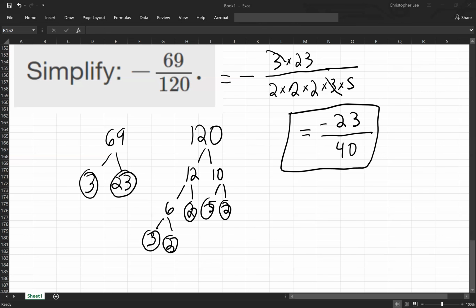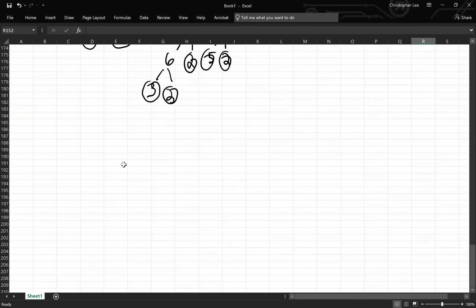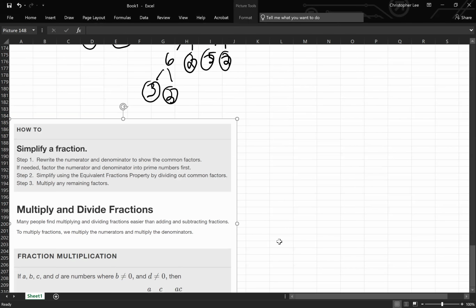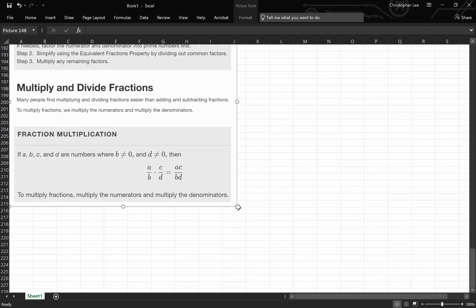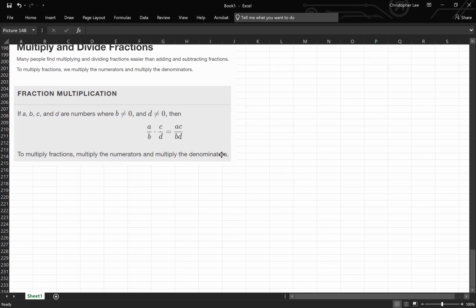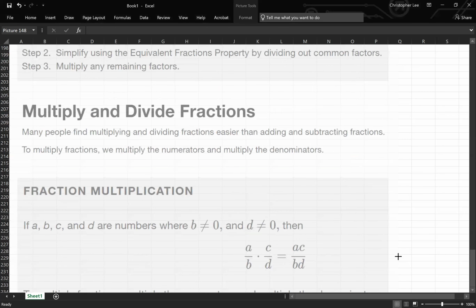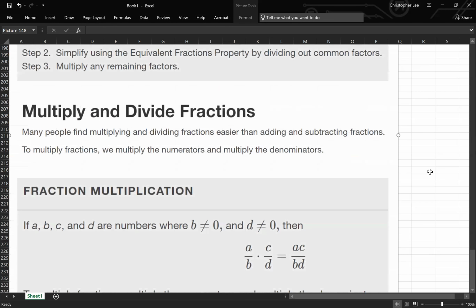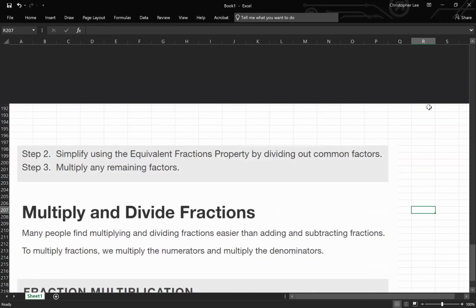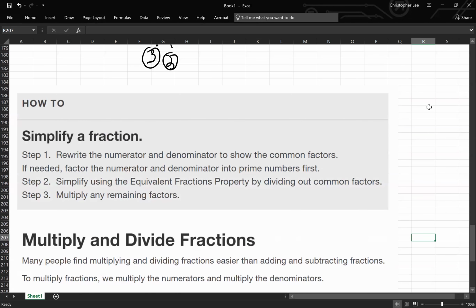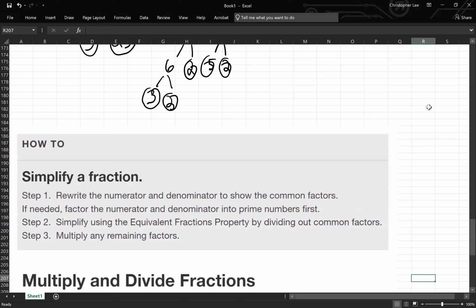So real quick, let's recap this. How to simplify fractions in 3 steps.